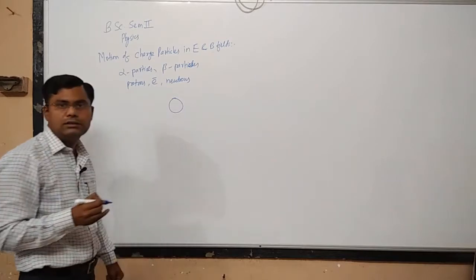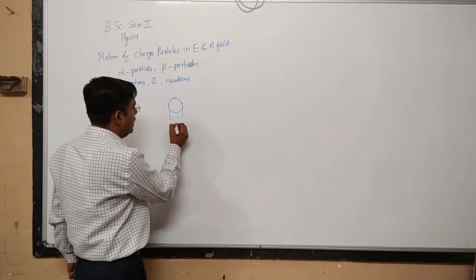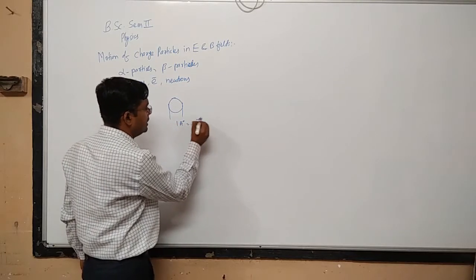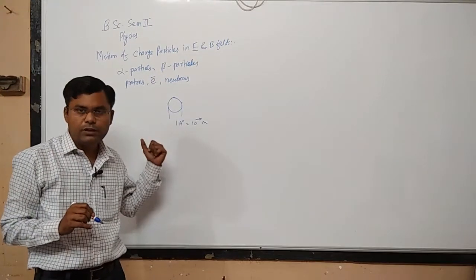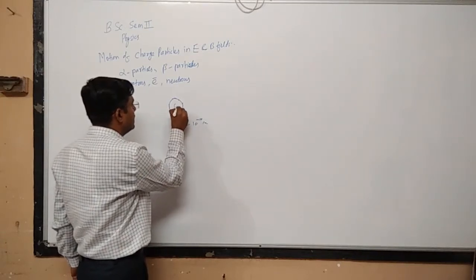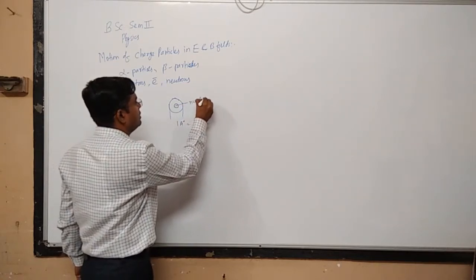All material is made of atoms, and the size of an atom is nearly 1 angstrom or 10 raised to minus 10 meter. The atom consists of electrons which revolve in circular orbits, and there exists a central unit called the nucleus.